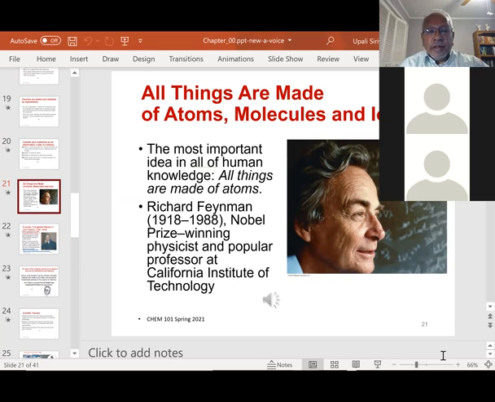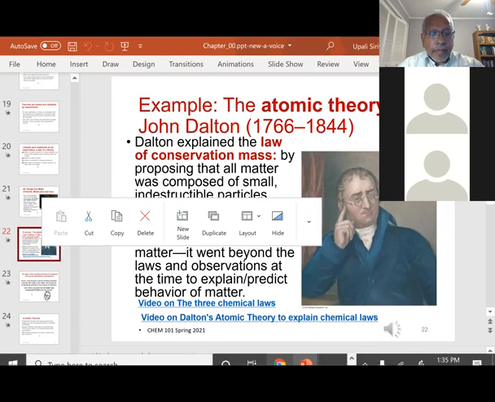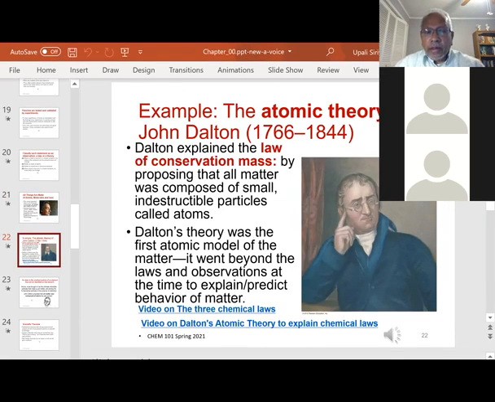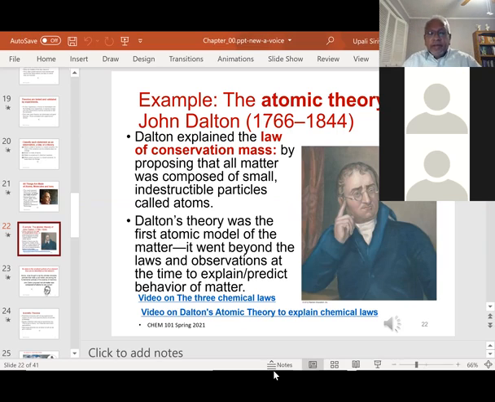The idea that all matter is made out of atoms came from Dalton's atomic theory. Dalton tried to describe the 3 chemical laws produced by Lavoisier: the law of conservation of mass, and 2 other chemical laws about chemical reactions.